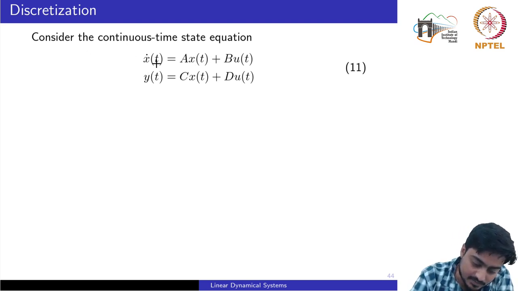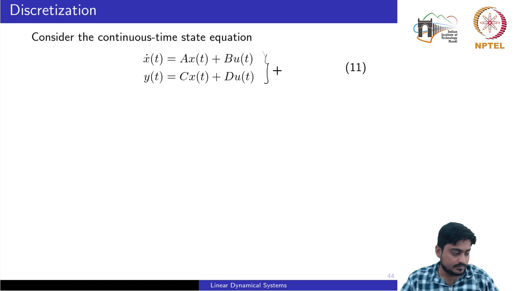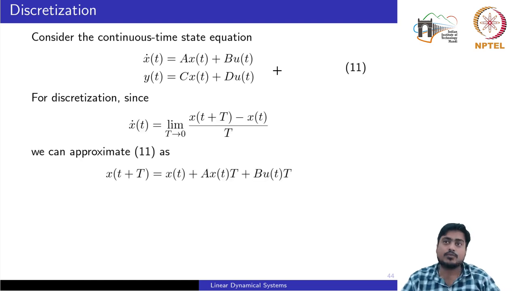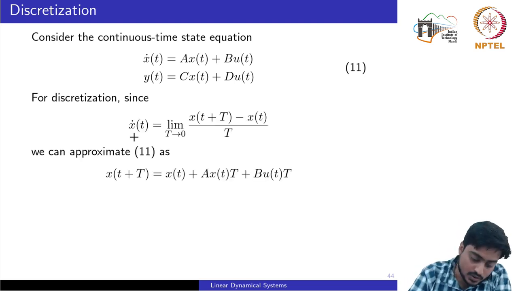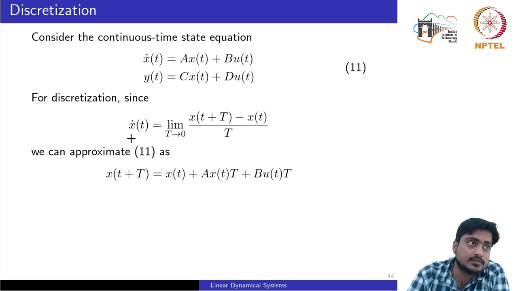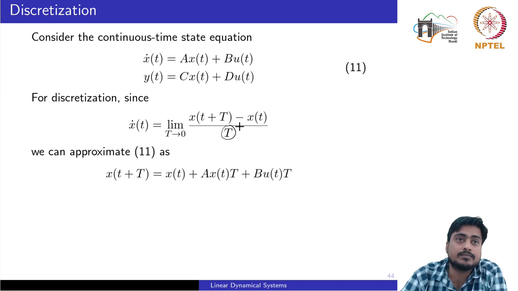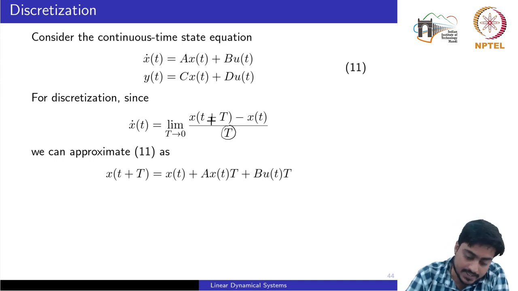Given the continuous time system by this part, the straightforward approach for discretization is to approximate x dot t by this part, where capital T is the sample time. We approximate this derivative by x(t plus T) minus x(t), divided by T. Whenever this capital T approaches 0, this part would become x dot t.